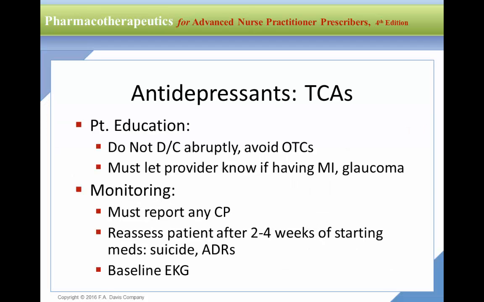Now, how do you educate? Never, never should any antidepressant be discontinued abruptly. Now, remember that you need to allow at least 6 to 8 weeks for any antidepressant to take effect because of the long half-life that they have, and also they need that for steady state. Avoid over-the-counter medications that could also increase the catecholamine effect, such as many cold remedies.